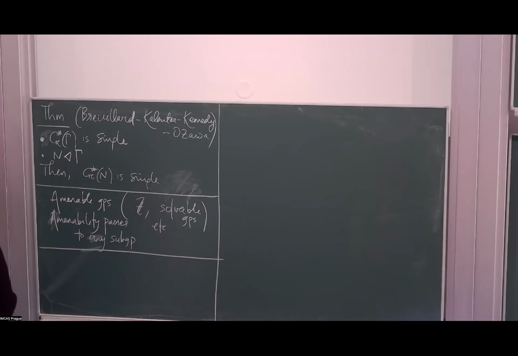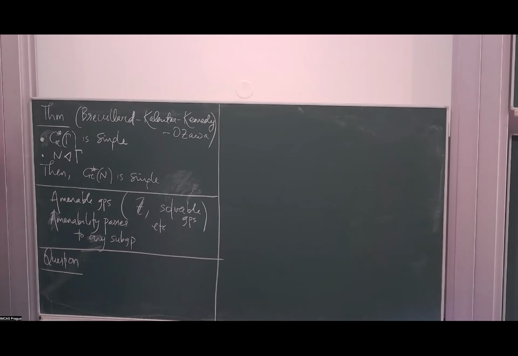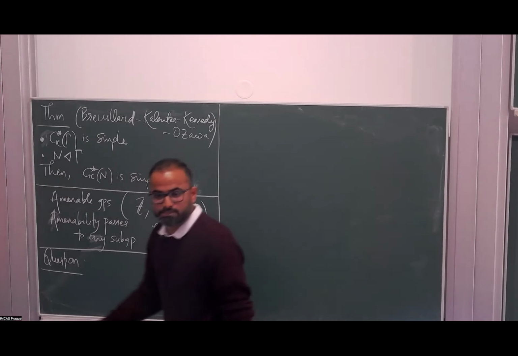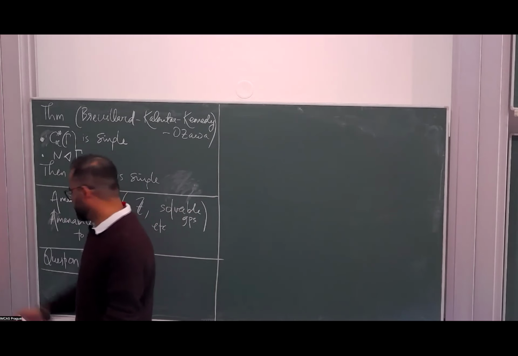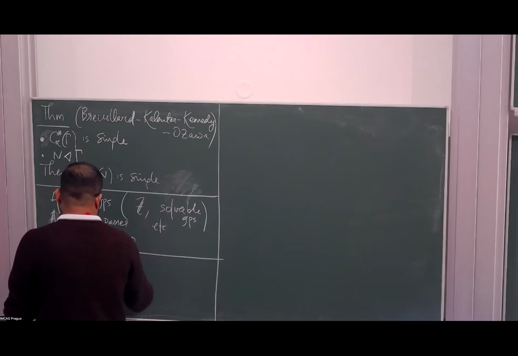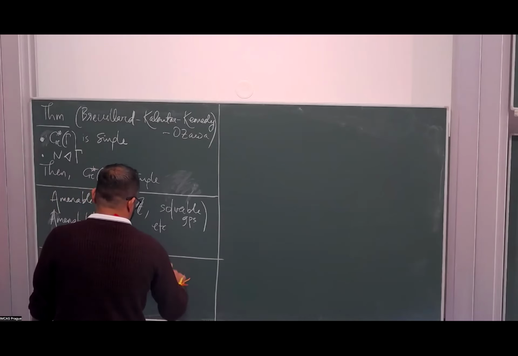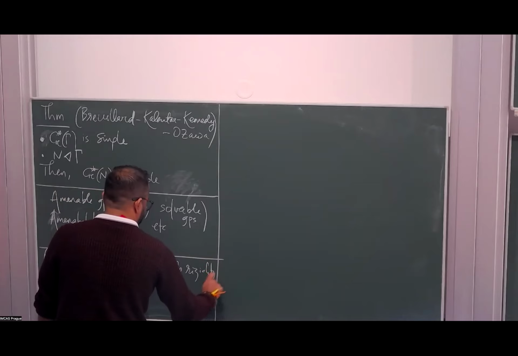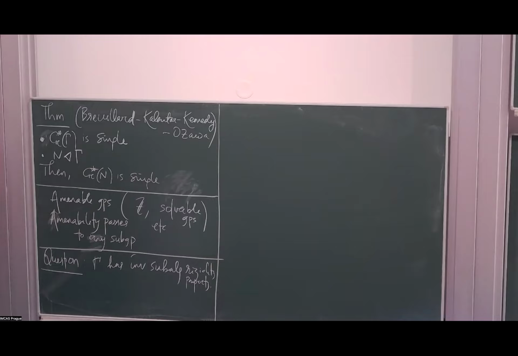So therefore I ask, this is the second question I ask: is this property relative, in the sense that suppose gamma has the invariant subalgebra rigidity property, does it pass to normal subgroups?